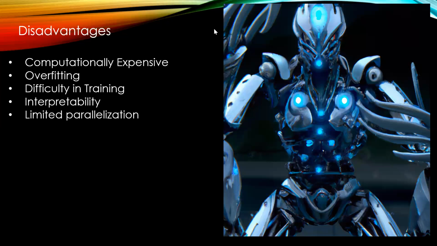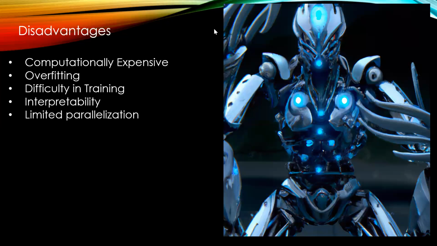The second big problem of using LSTM is the problem of overfitting. LSTM networks are prone to overfitting when the training data is limited or noisy. This can result in poor performance on unseen data. The third big disadvantage is difficulty in training.